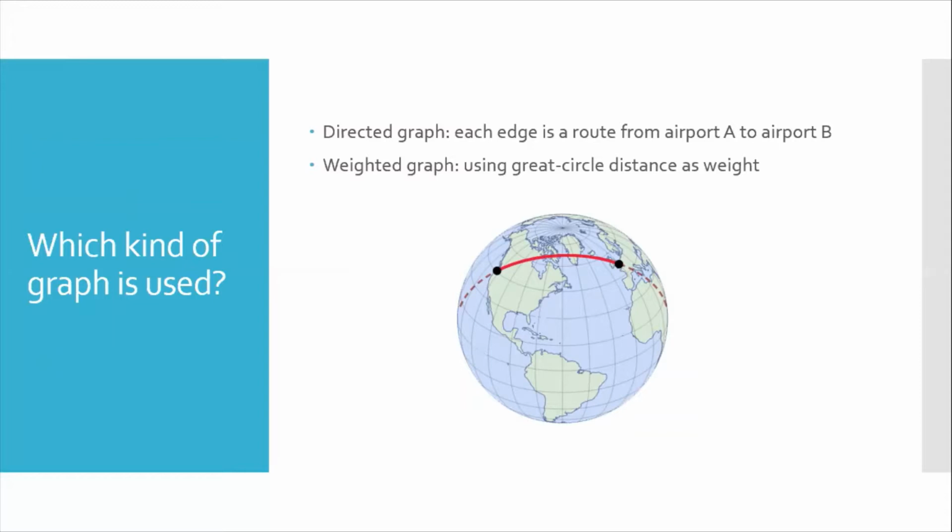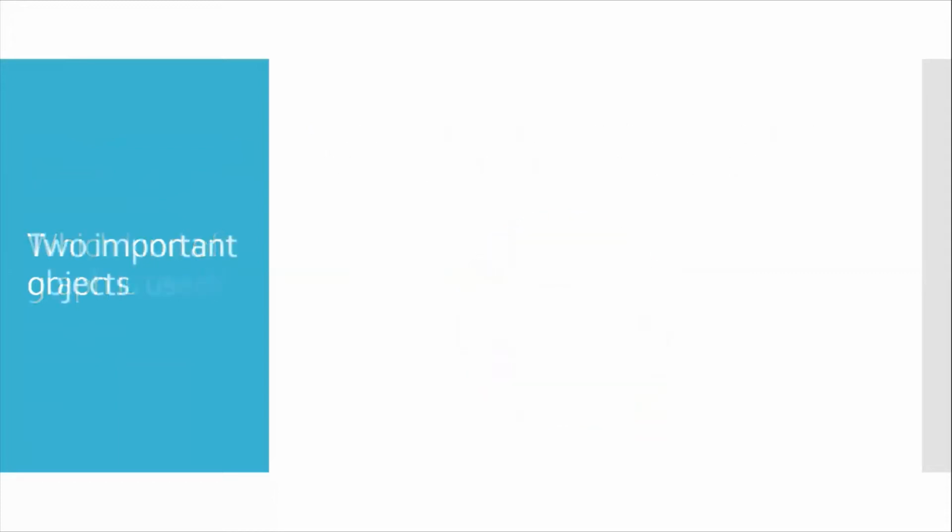I assume that the distance to travel from one airport to another airport that the flight needs to take is equivalent to the great circle distance. So what is great circle distance? Great circle distance is the smallest distance from one point to another point on a spherical surface, such as the red one in the slide.